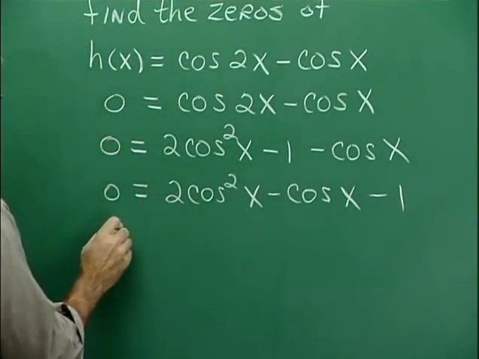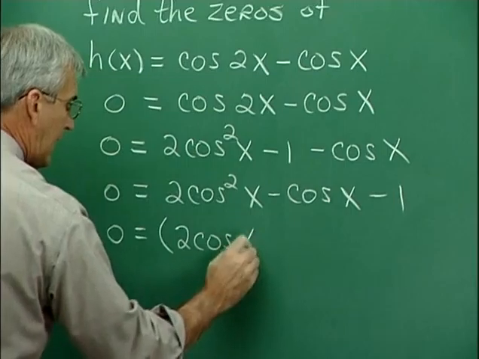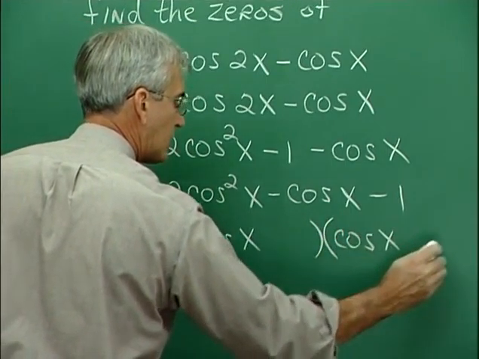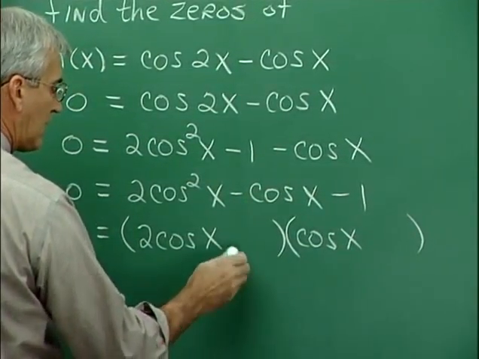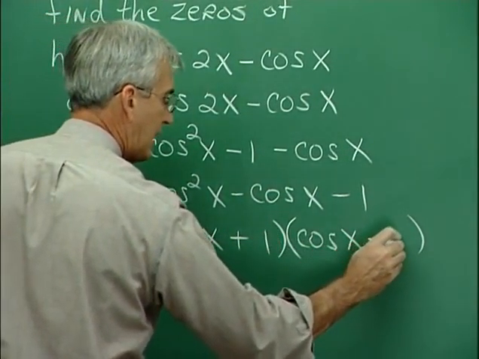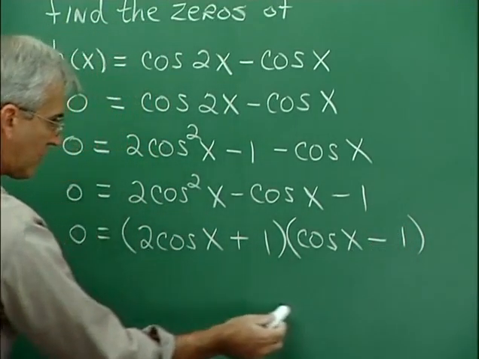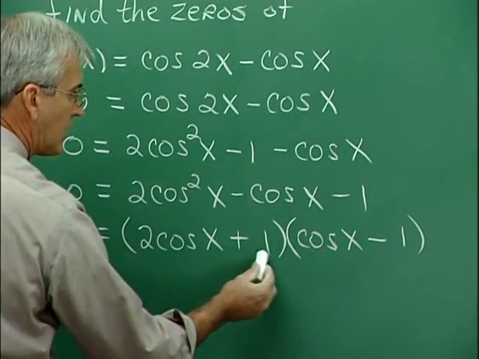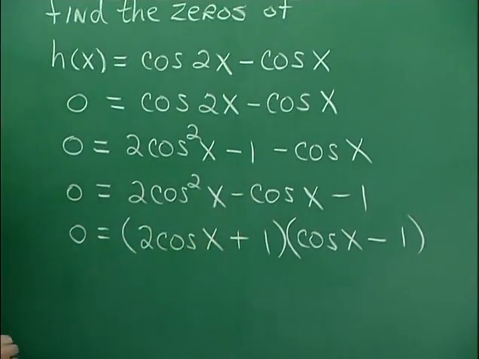Now we want to factor: 2 cosine x, and then times cosine x to give that first term. The signs are different, and I think the way it goes is plus 1, minus 1. Let's verify the middle term. We have 2 cosine x times minus 1 is minus 2 cosine x, plus cosine x is minus 1 cosine x. That's the middle term, so this is the correct factored form.